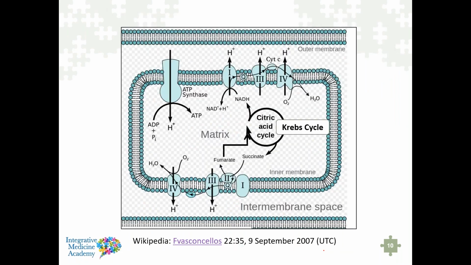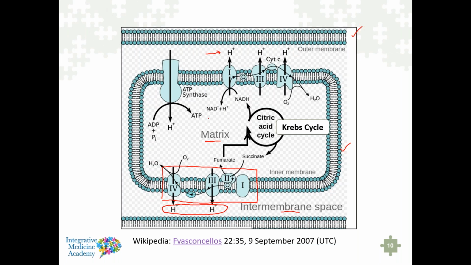And so if you look at the mitochondria, we have the outer membrane and we have an inner membrane. We have an inner membrane space, which is where we get accumulation of hydrogen ions or protons that get pumped from the matrix into this inner membrane space. And that occurs through electron transport between the different complexes of the electron transport chain. So this is our electron transport chain that is transferring electrons.